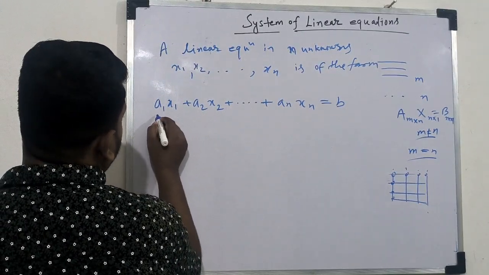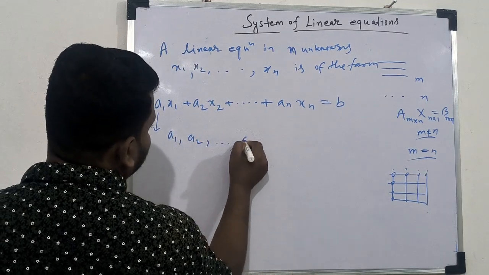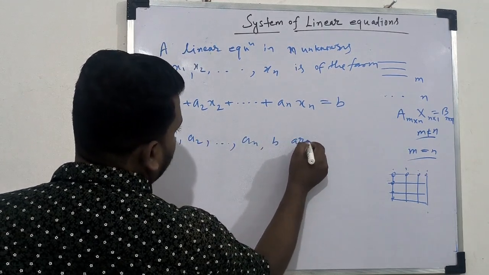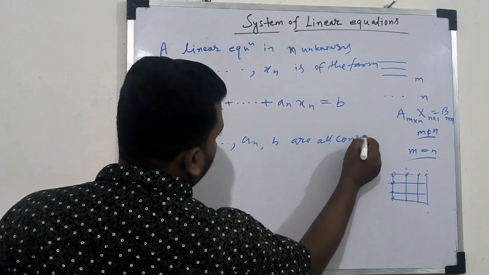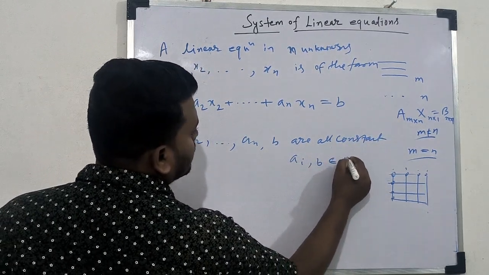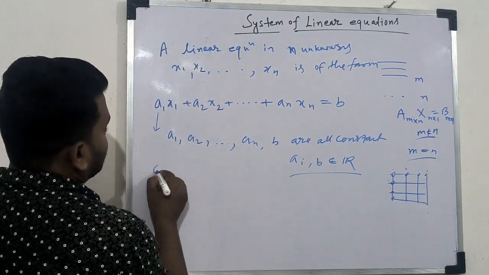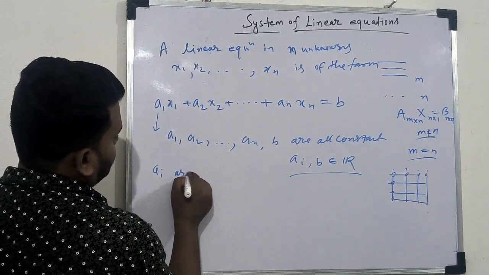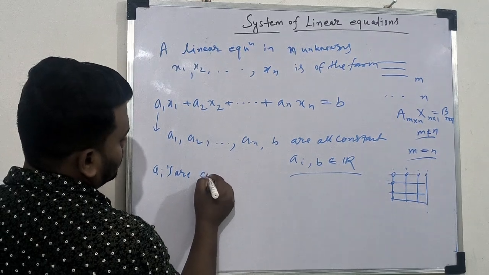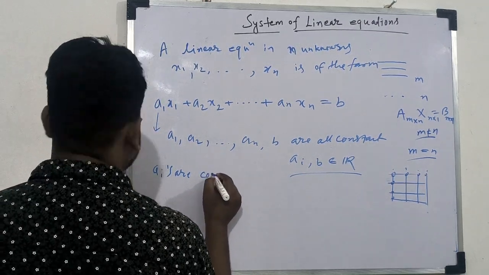In this equation, the ai, that is a1, a2, dot dot dot, an, and b are all constant terms. Basically these are real numbers, and the ai are called coefficients.